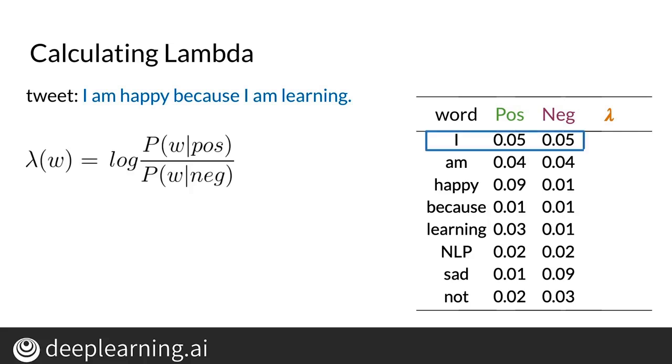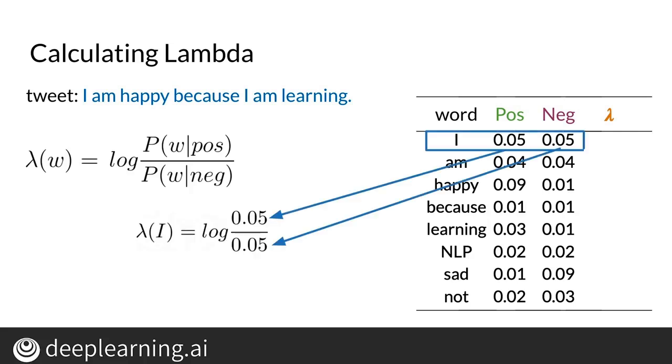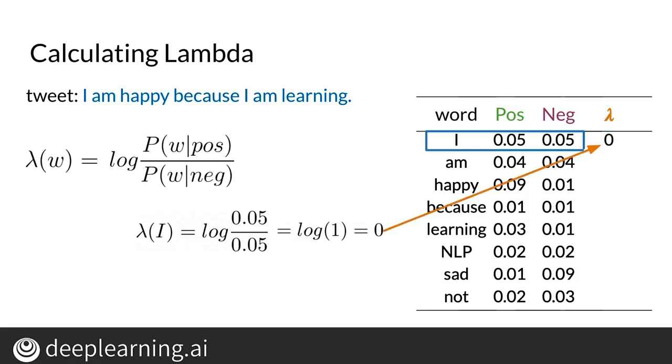So for the word I, you get the logarithm of 0.05 divided by 0.05, or the logarithm of 1, which is equal to 0. Remember, the tweet will be labeled positive if the product is larger than 1. By this logic, I would be classified as neutral at 0.